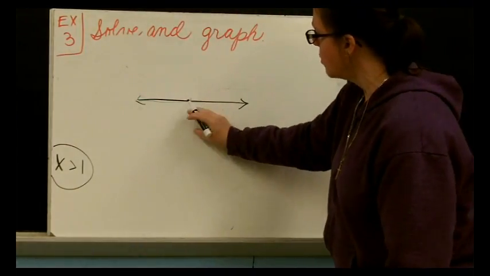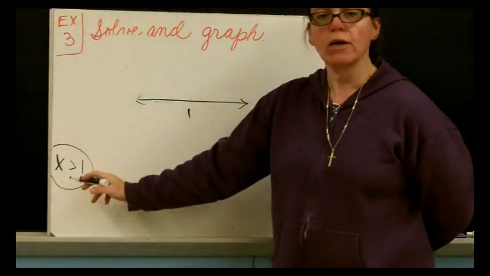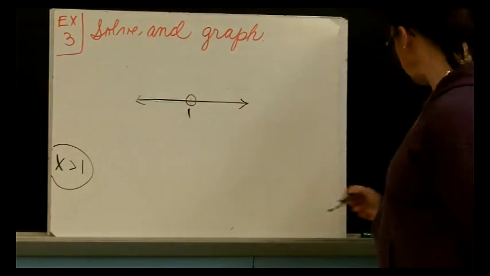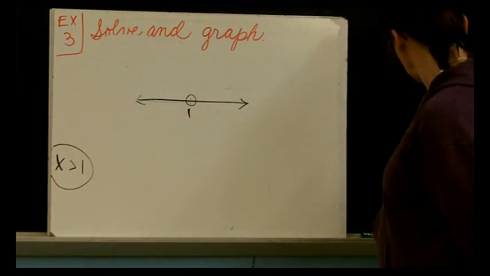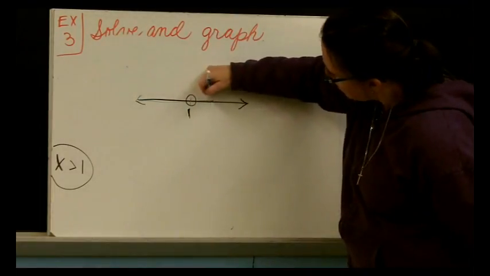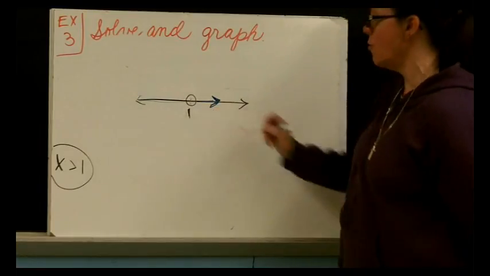Put our positive 1 here. Since it's greater than and not greater than or equal to, we'll keep that circle open. If x is greater than 1, it means our solution is to the right of our positive 1.